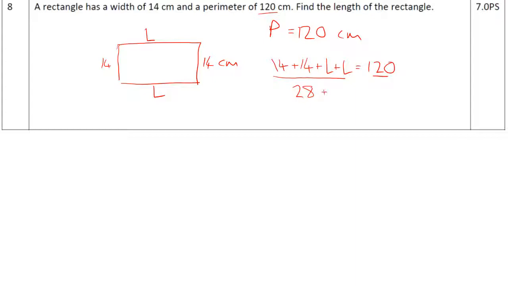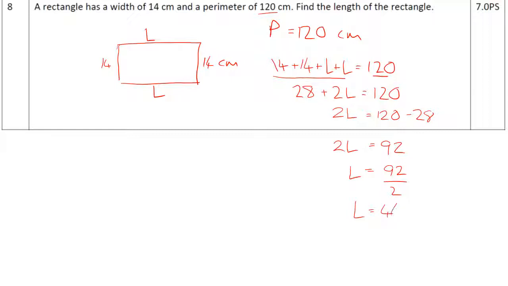L plus L is 2L. That all equals 120. So I'm going to take 28 off both sides and end up with 2L equals 120 minus 28. 2L therefore equals 92, and so L equals 92 over 2, which equals 46 centimeters.